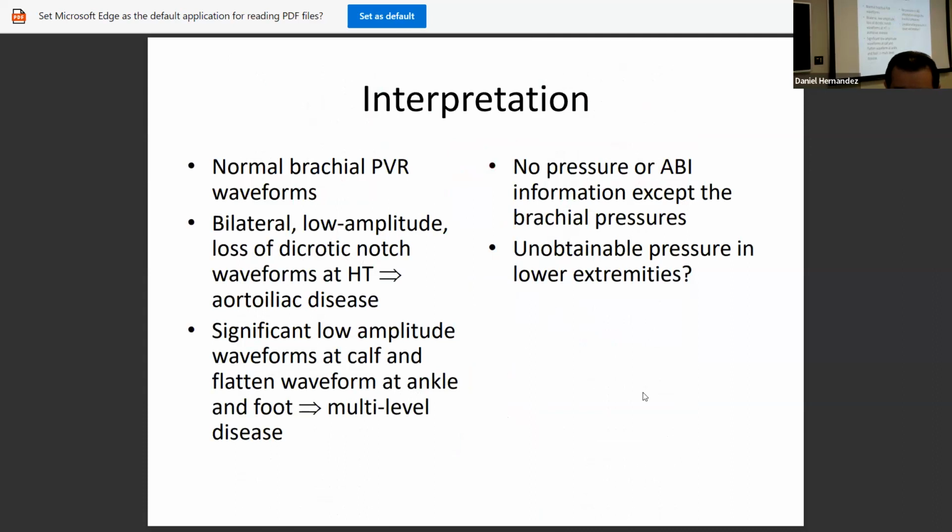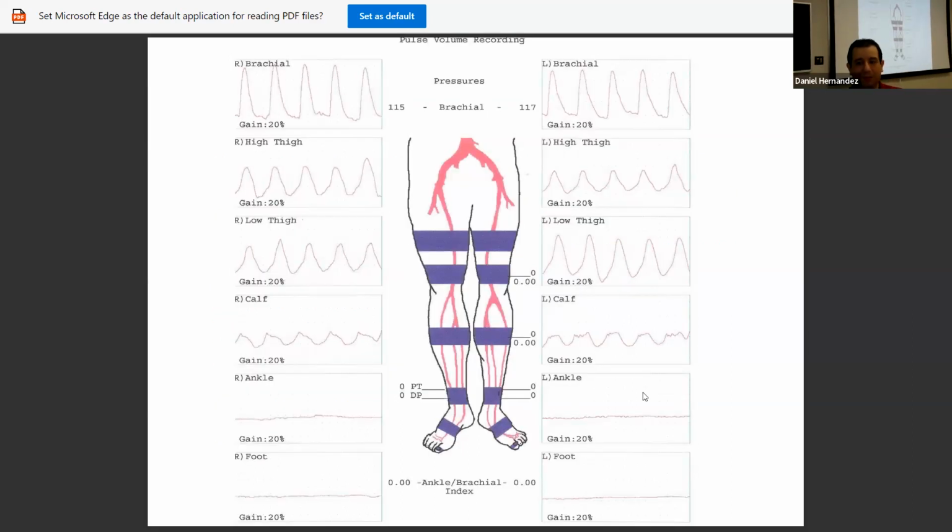Yeah, because they couldn't hear the dorsalis pedis or the posterior tibial arteries on either side. So that's why there are no pressures. It's silly that they have it on this side and not on that side as well. It's a little confusing.